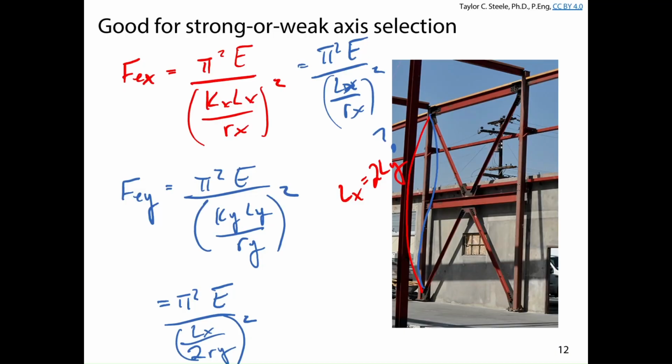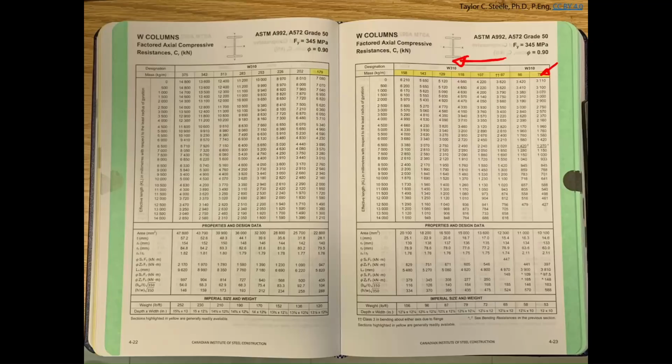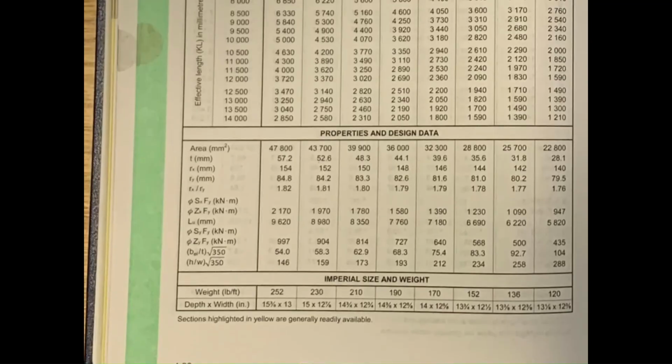Basically here, if we were to look at the tables, we might use Ly to figure out the effective length to get a compressive resistance. If we're looking at Rx and the strong axis buckling mode, the difference here is that, of course, Lx is twice Ly, but the only other thing that comes into play here is the r value, the radius of gyration for X and the radius of gyration for Y. And what it's going to give us at the bottom is the ratio of Rx to Ry.